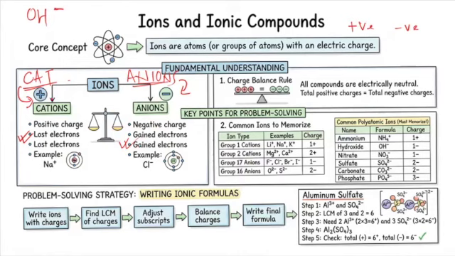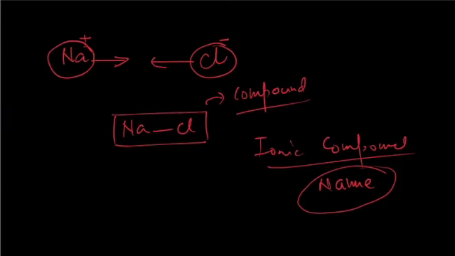But before that, what happens when a positive and a negative charge, for example sodium and chloride, come together, right? Sodium has one positive charge and chloride has one negative charge. They come together, and the charge finally becomes zero. 1 plus, 1 minus, sum is 0.